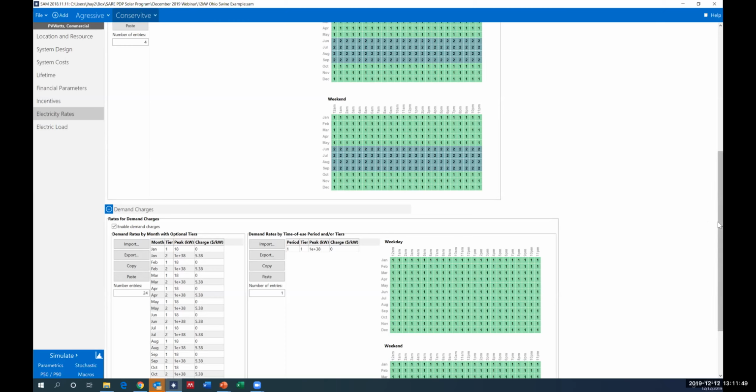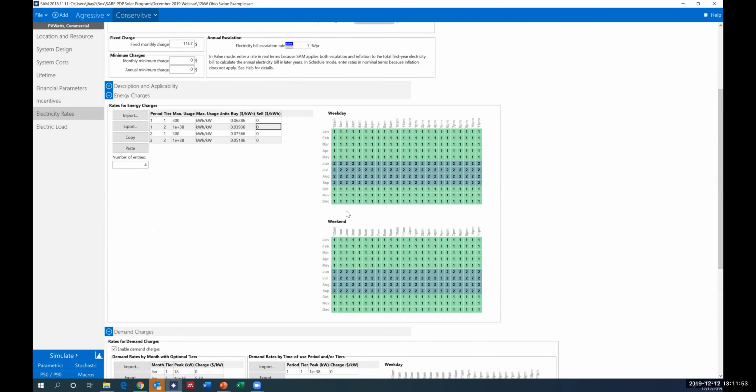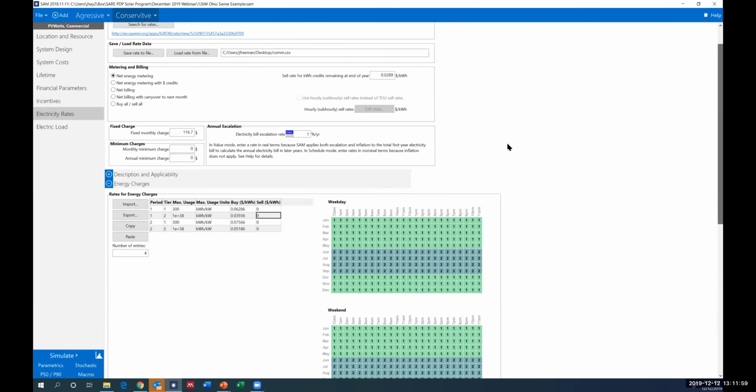And so when we model this system with this rate structure, let's just go ahead and try this for fun. One thing we need to add in, let's just put in a number here, 0.05. We're going to put that number in for our sell rate. 0.05.